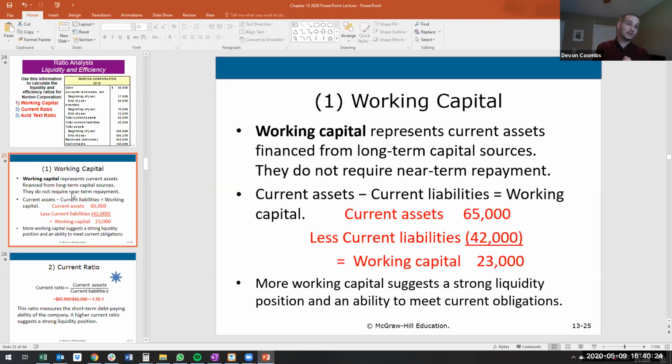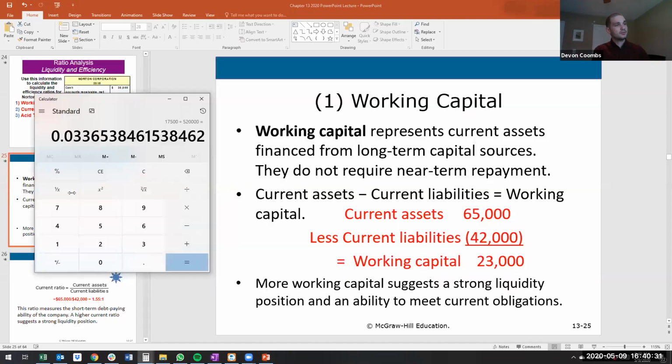That's the fun way to think of it. How much money do we have today to spend on current investments? And so all we're going to do, and this is just memorizing the formula, is 65,000 current assets minus current liabilities is going to equal our working capital. That's it. That's our working capital assessment.